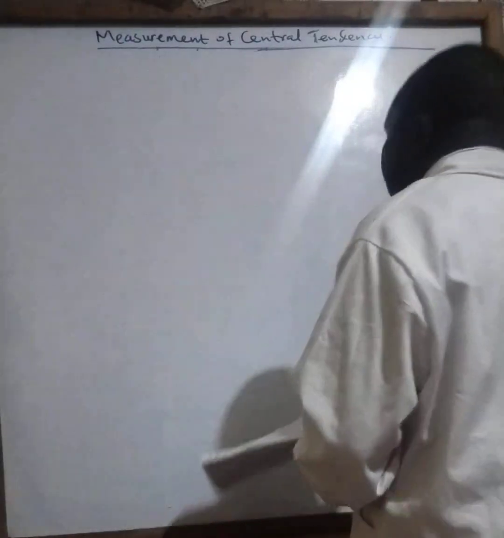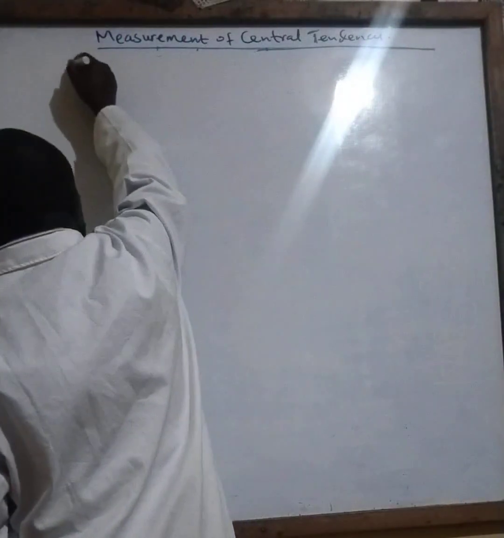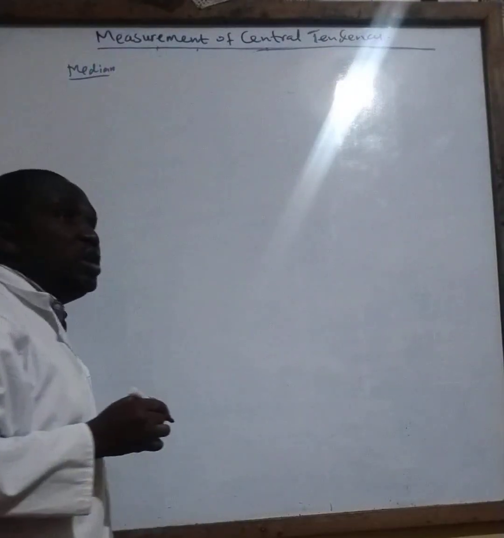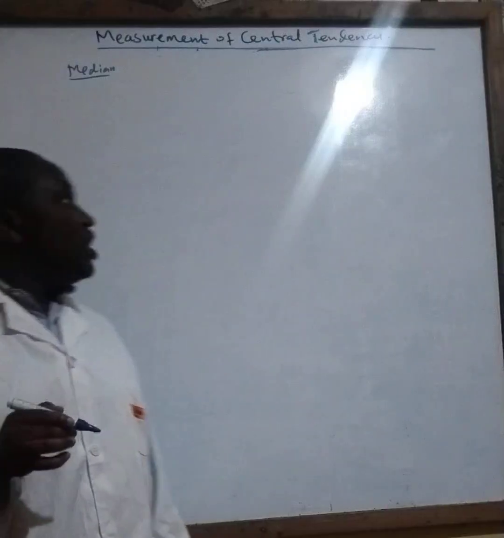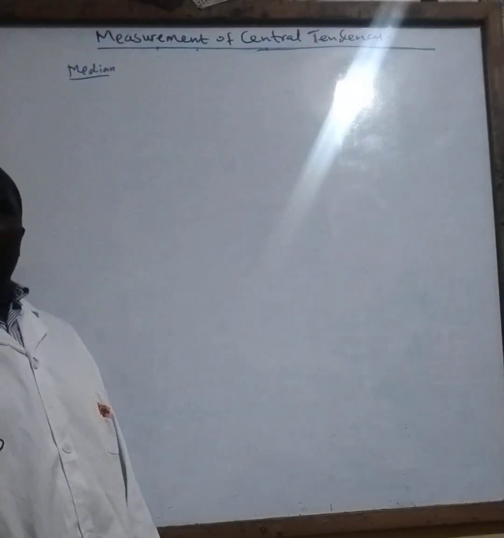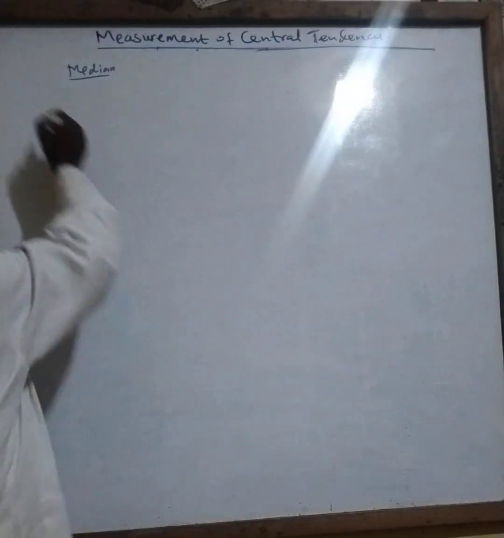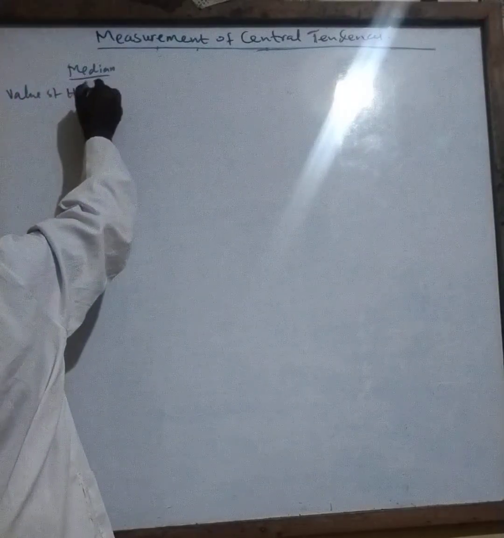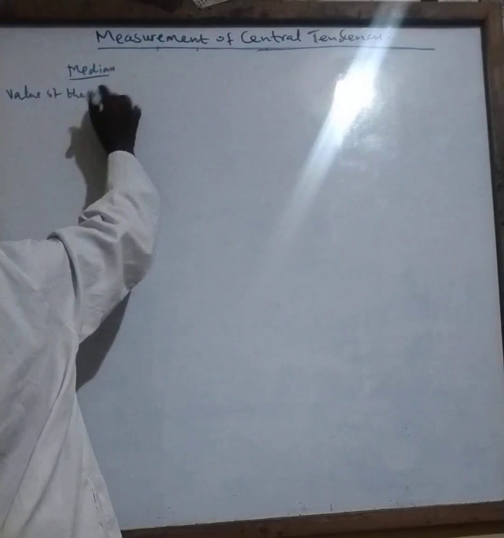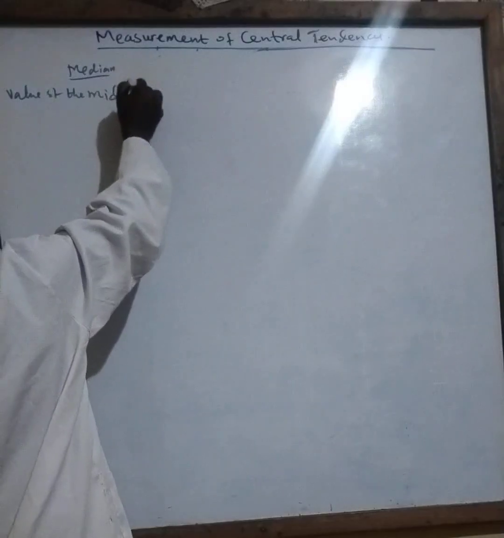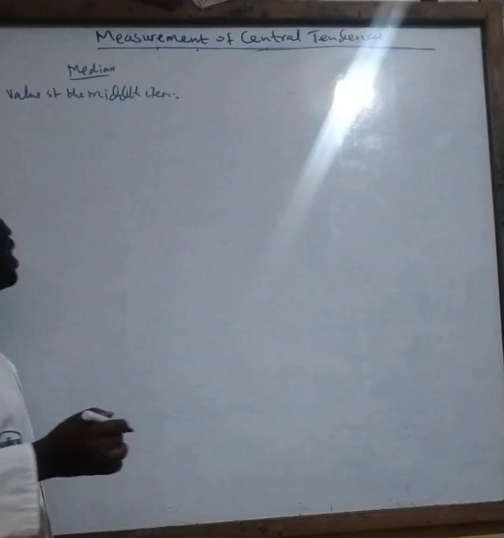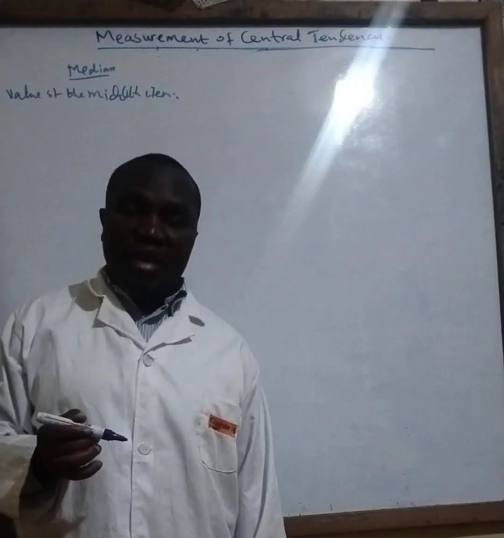When you talk about median, class, we are referring to the value of the middle item. That value of the middle item is what we call median.